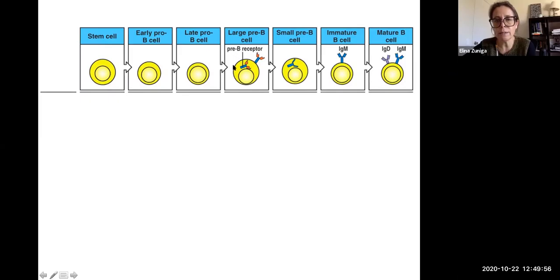You can see in this cartoon, in the large pre-B cells, there is a BCR-like receptor called the pre-BCR, and we will learn more about it. And you see that the immature B cell expresses IgM, and the mature B cell expresses both IgM and IgD.